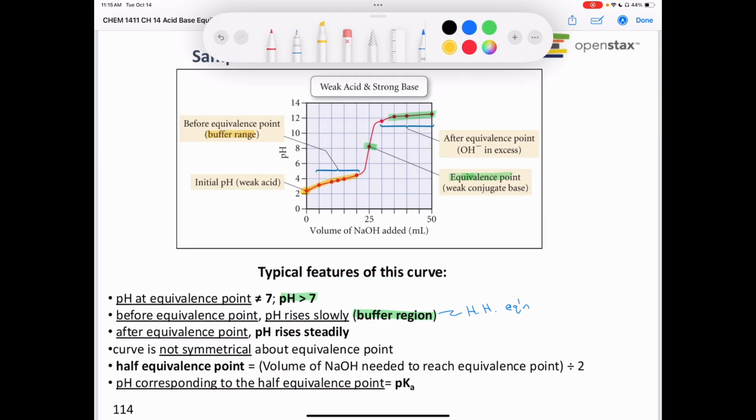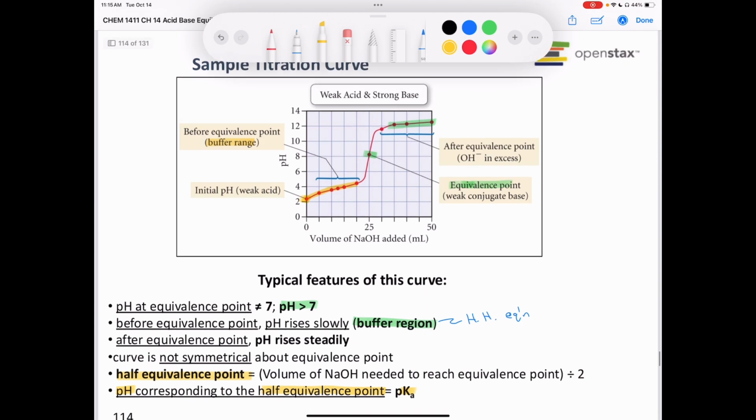And then we also saw that at the half equivalence point, that's when you've added enough of the base in order to neutralize half of the acid. So you have an equal concentration of your weak acid and its conjugate base. And so those cancel out when you solve the equilibrium. And so at that point, at the half equivalence point, the pH is going to be equal to the pKa. So just a little, fast way to solve problems there.